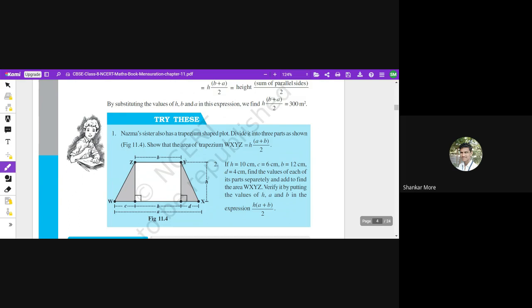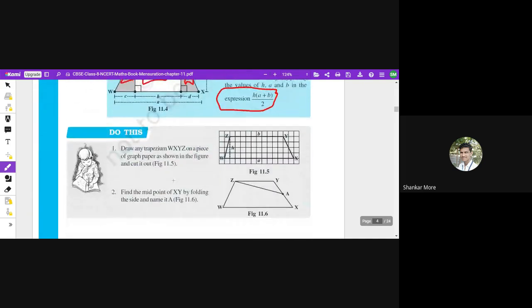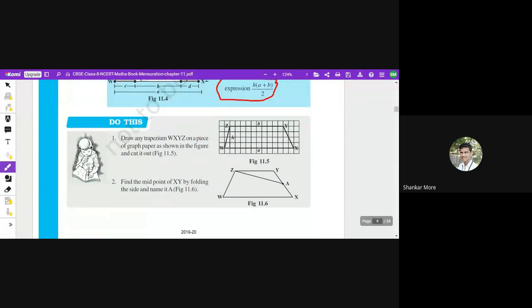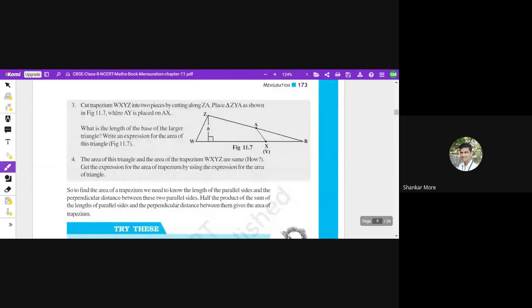So again what you will have to do is, first you have to find out the area of this triangle. So you will derive the formula for the area of this triangle, after that you will write the formula for the area of this one, and then you will have a third formula for this triangle. When you add these three, in the end you have to achieve this result, that is h into a plus b divided by 2. So you try this, right? This is going to be very interesting. I'm not taking this because it is going to be a bit time consuming, and I believe we have very short time. Okay, let's move further.